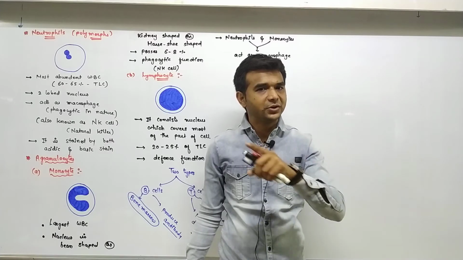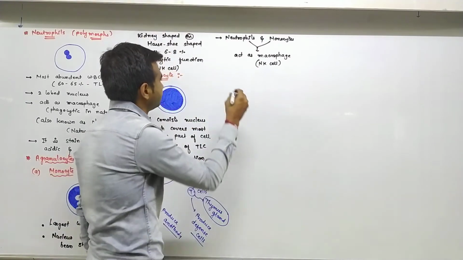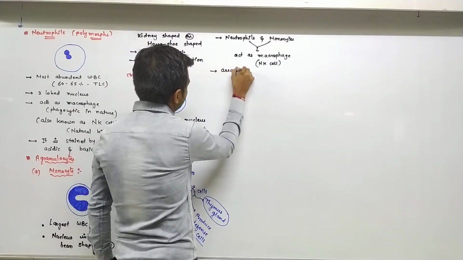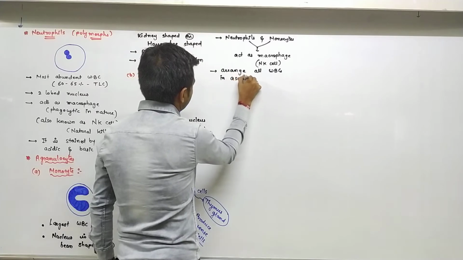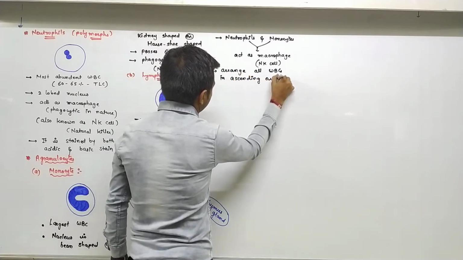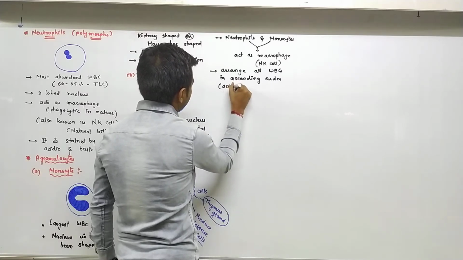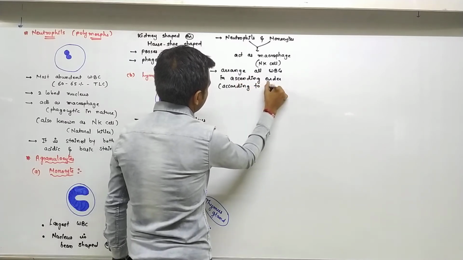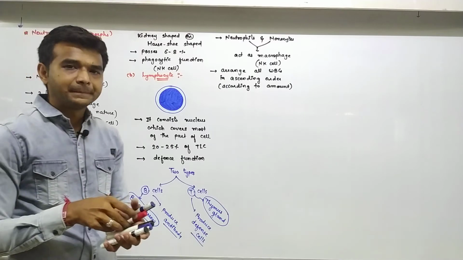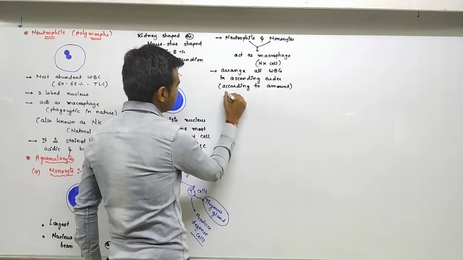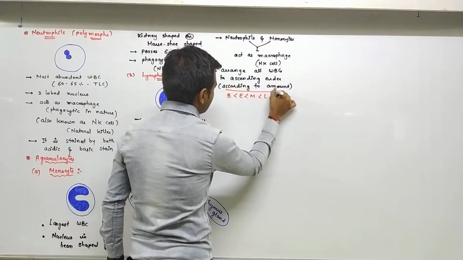And I have given each and every cell's function. If you arrange all the WBCs according to amount in ascending order, this you will obtain.